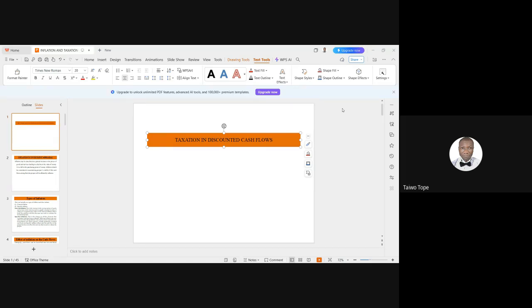Qualifying capital expenditure at a specified period of time. So taxation in investment appraisal will address issues such as tax liabilities, tax savings, and timing of the cash flows.